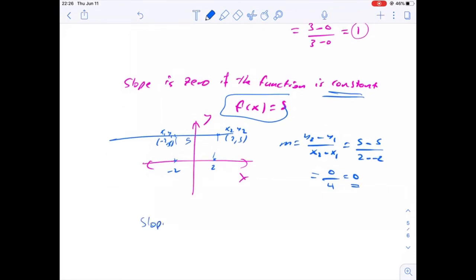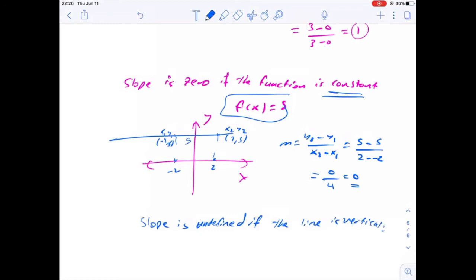The slope is infinity, or undefined, sometimes called, but we can call it undefined, if the line is vertical.